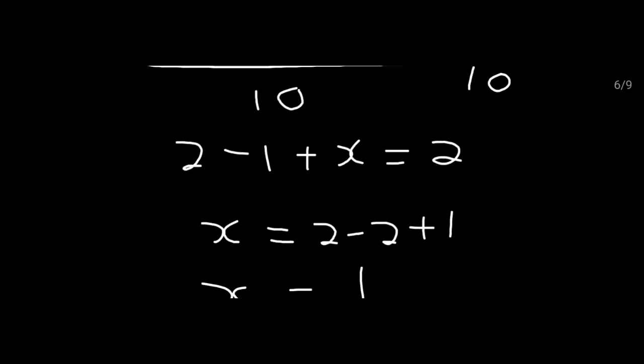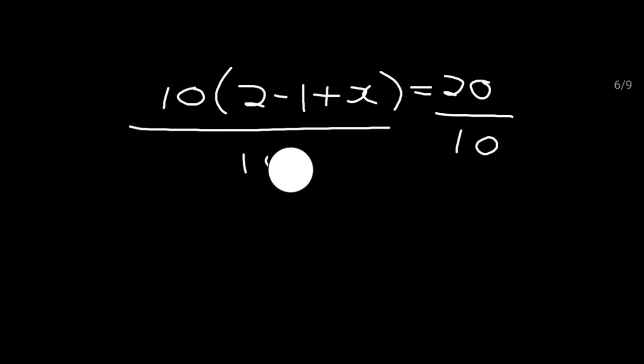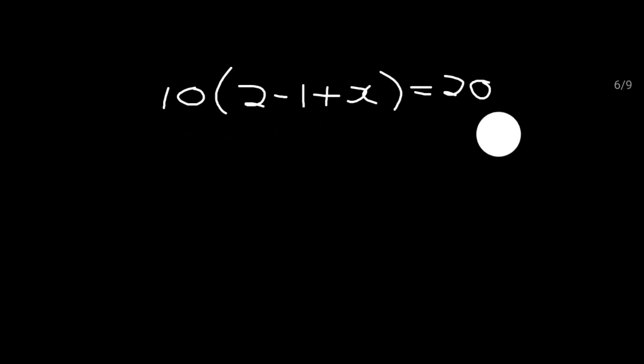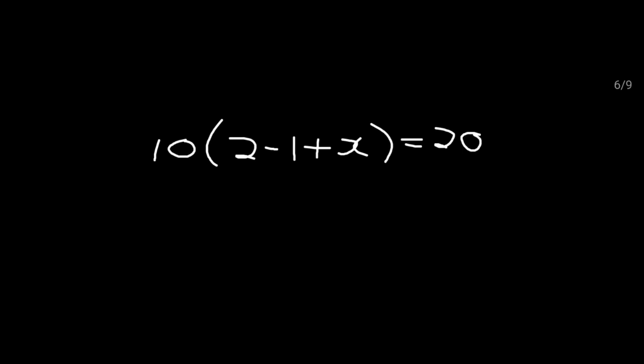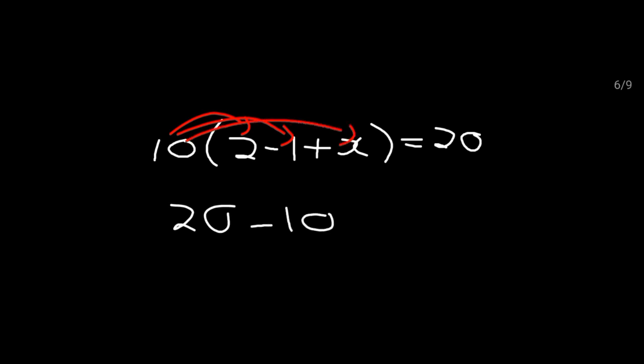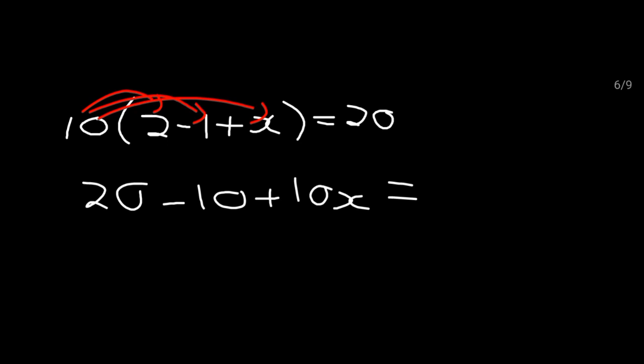So now let me erase. Now the distributive method. You're going to distribute 10 inside the bracket. 10 multiplied by 2 is 20. And then 10 multiplied by negative 1 is negative 10. 10 multiplied by positive x is positive 10x. Remember, when multiplying numbers and letters, the number comes first, the letter comes after, then equal to 20.